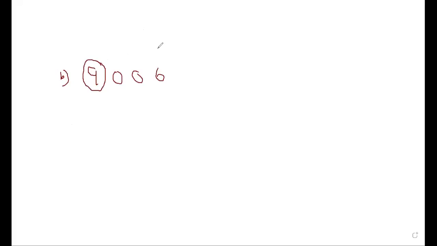Now, from the right side, I am going to write the place values. This one is ones. This 0 is tens. This 0 is hundreds. And this one is thousands. So the place of this 9 is 1,000. So the answer is 9,000.